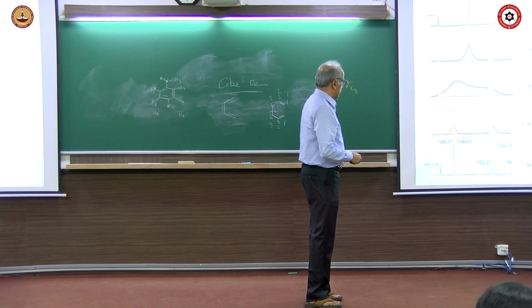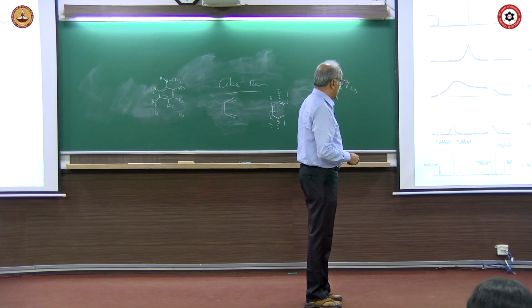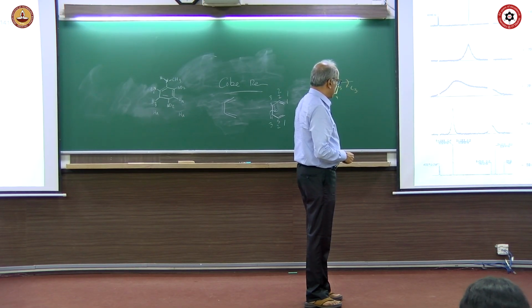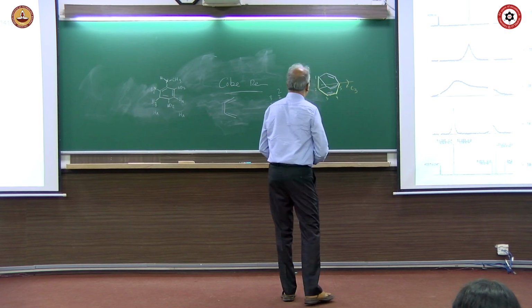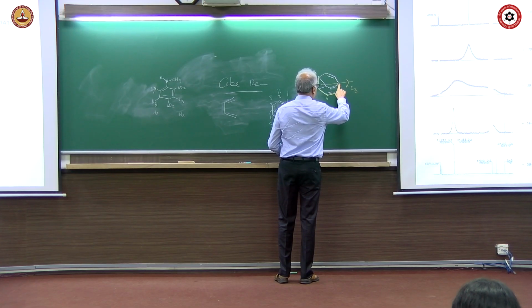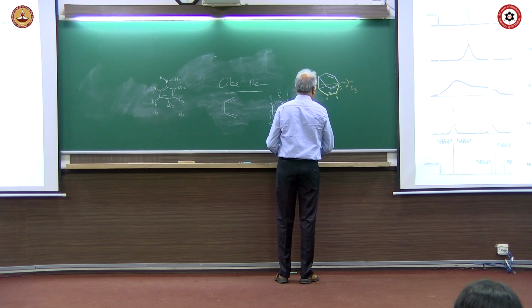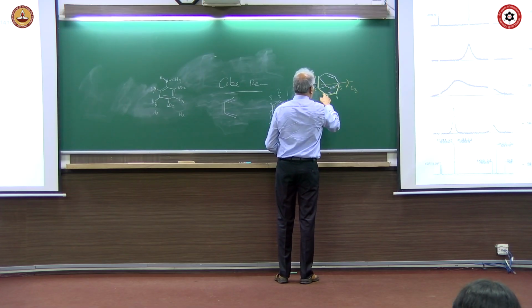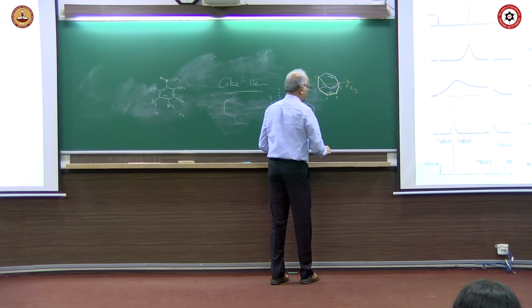1, 2, 3, 4, 5. 4 peaks are seen. This becomes a part of the triangle. So 4 peaks you will see. 1, 2, 3, 4 peaks only you will see.